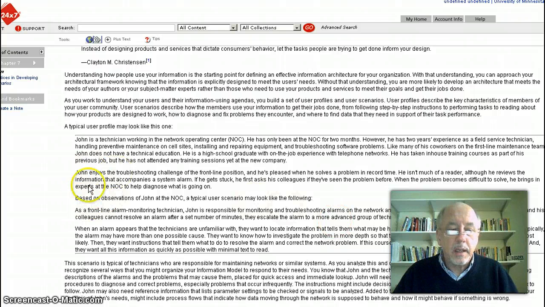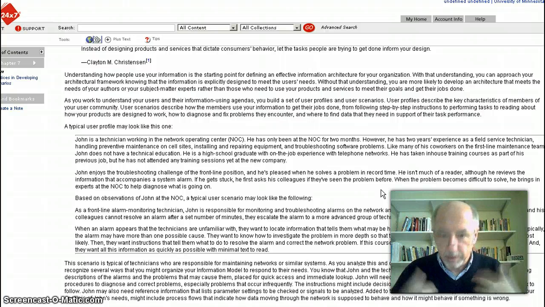And there's a little bit about personality. John enjoys the troubleshooting challenge, and he's pleased when he solves a problem in record time, but he's not much of a reader. So here a little bit of the personality overlaps into this scenario. And so we don't have to be super rigid about the boundaries between a profile and a scenario.